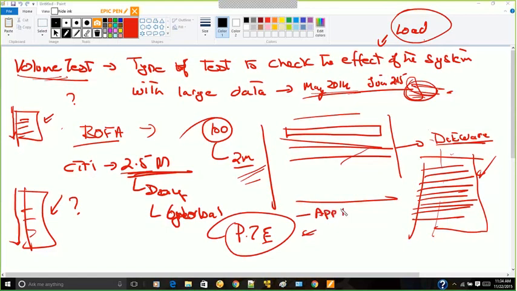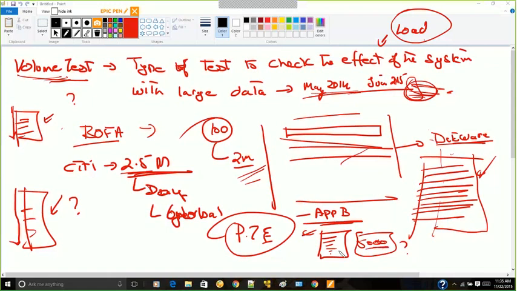You are not bothered about what is the data behind. But in volume test, you are not bothered about anything other than the data. How much data can it handle? If I'm doing a search and I have 10 records coming up, that's what you will be doing when you're running your load test. Similarly, if I have say 5,000 records coming up, how will my application behave? Might be in production this is not there at all.